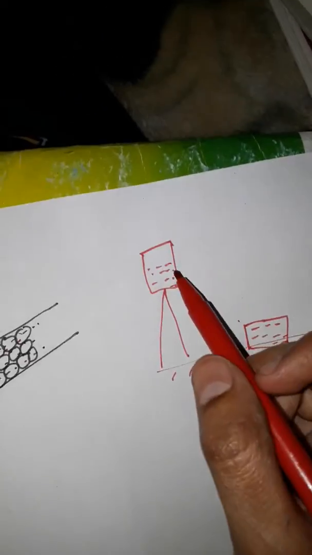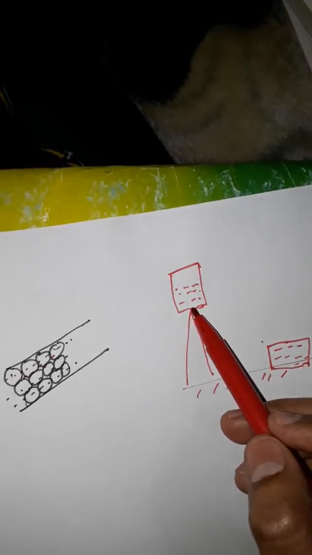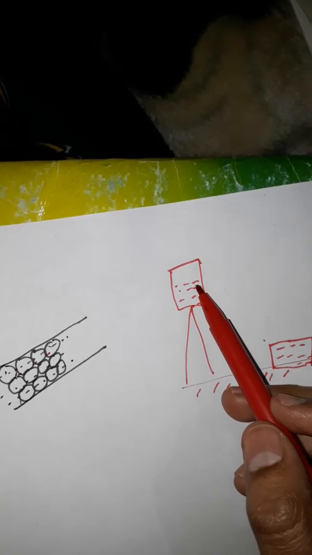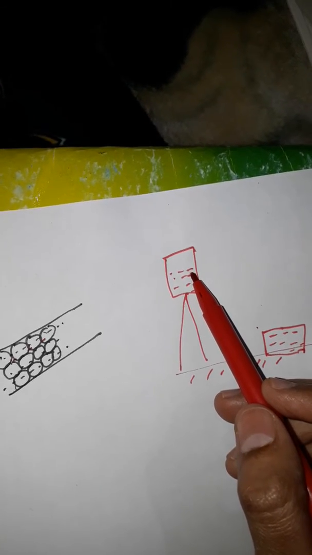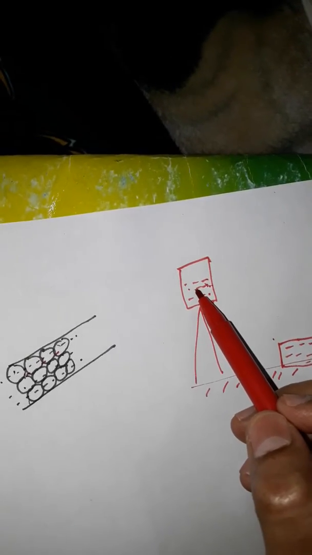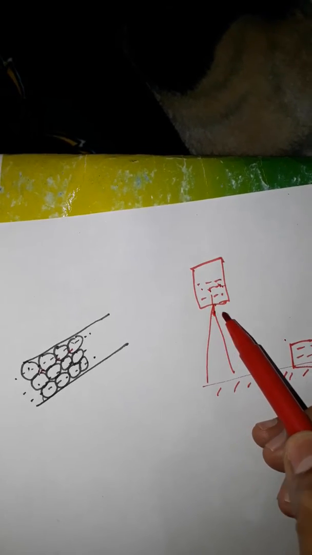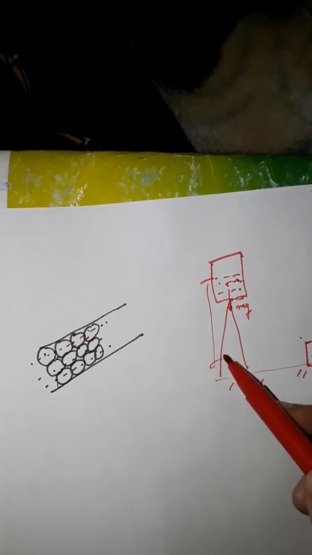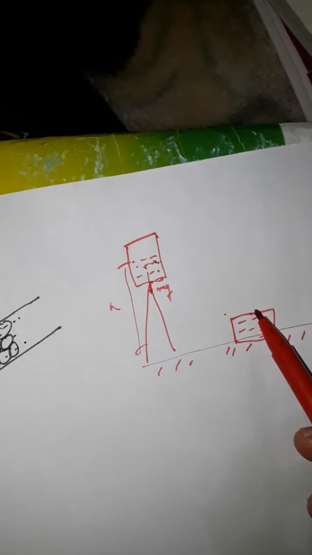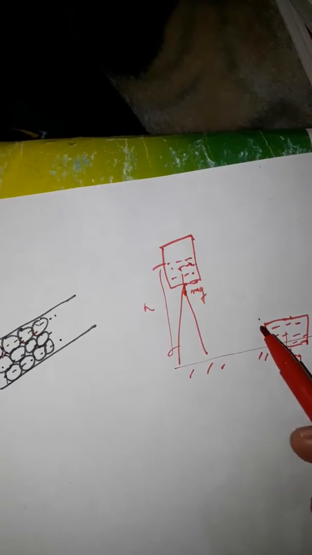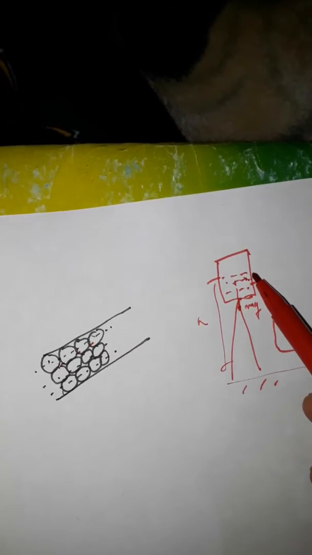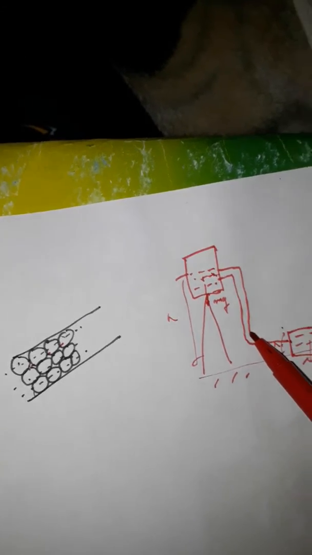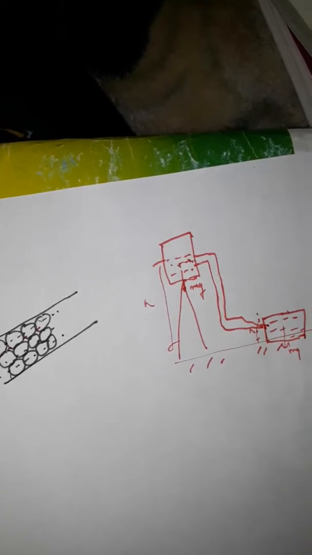Now, we can say that this water is having some potential energy, right? Even we ourselves also have some potential energy. Now, how much potential energy it may be having? Weight mg and height h, so mgh, and this also mg and certain height h. Because of this height, there can be a flow of water from this to this through a pipe, right?